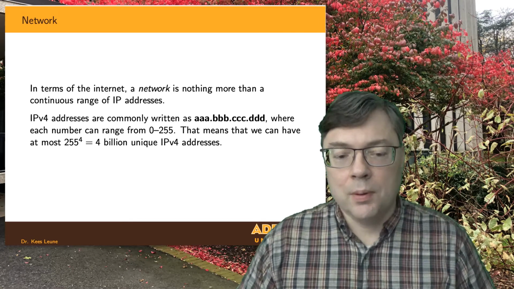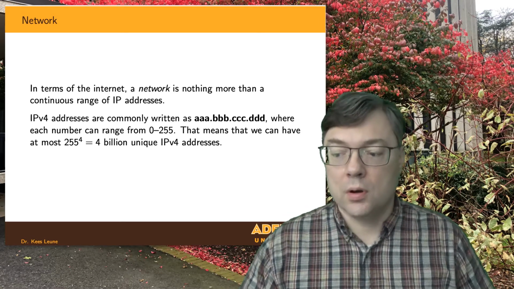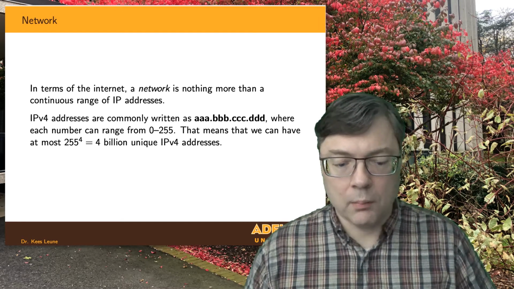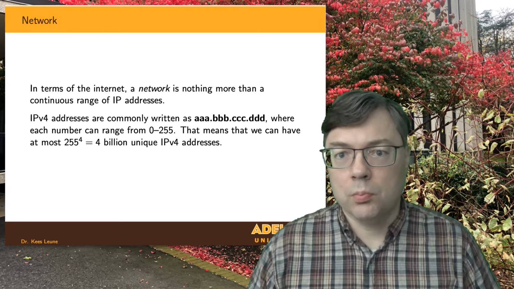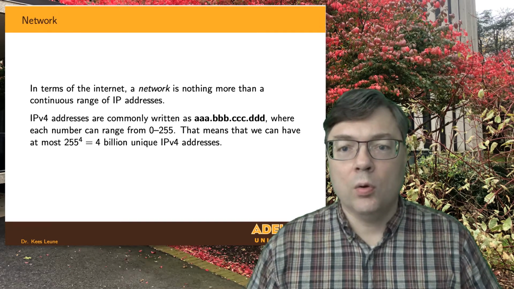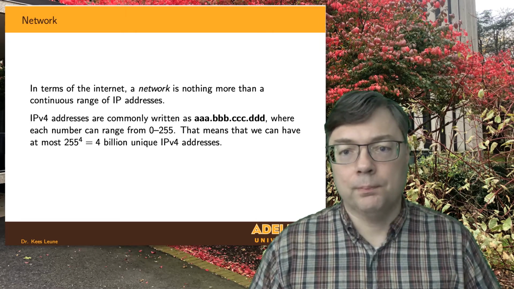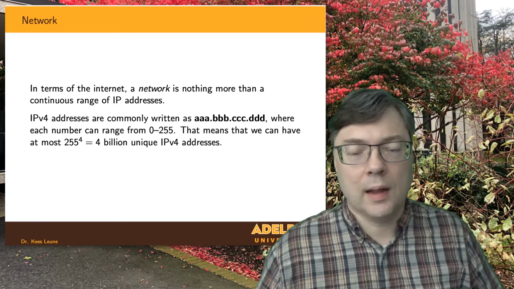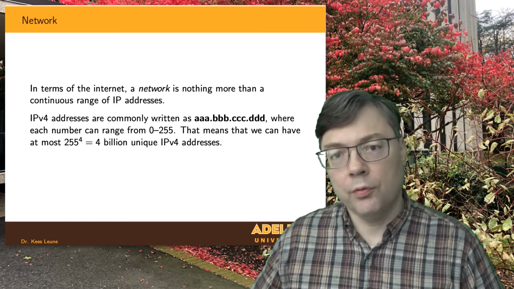If you look at those IP addresses, they're really not just numbers. They're actually a combination of 4 numbers, separated by periods. Each of those positions, the first, the second, the third, and the fourth, can hold values between 0 and 255. So I could, for example, have an IP address 1.2.3.4.